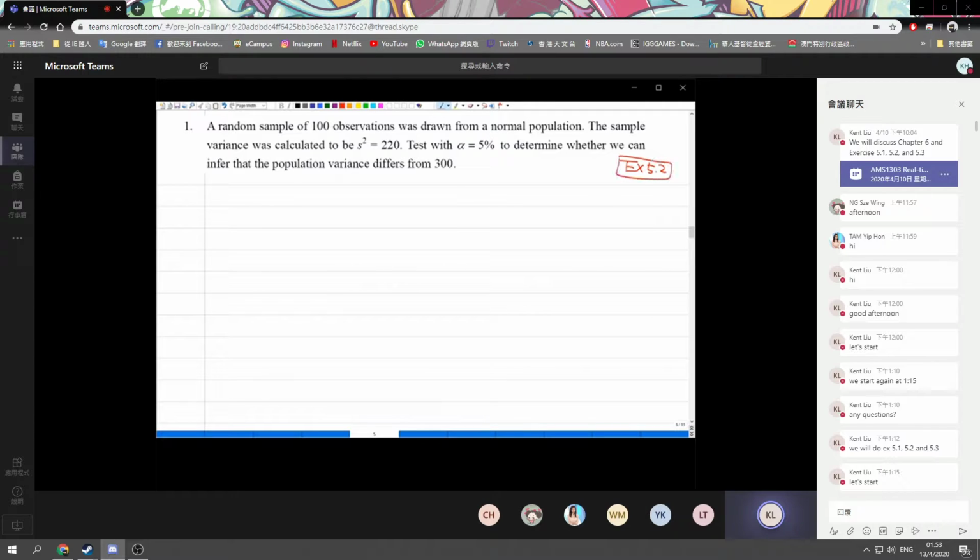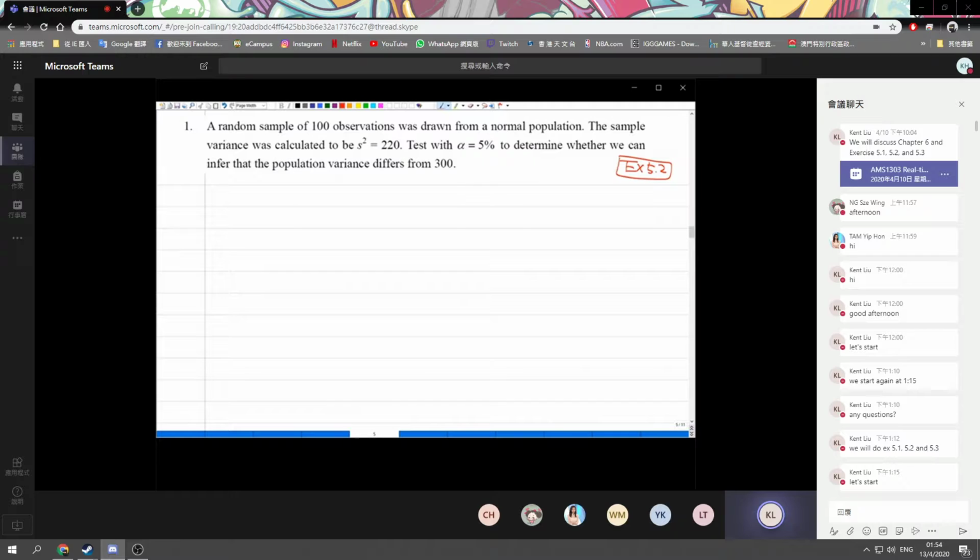5.2. Okay, so in this exercise, we are focusing on doing hypothesis tests about the variance or variances. The first one is a test about one variance, and the other one will be a test about two variances.